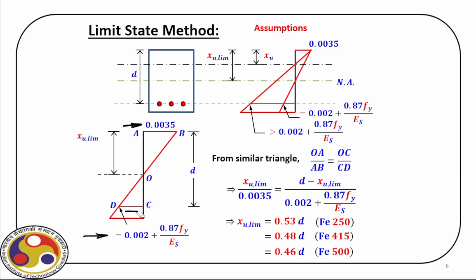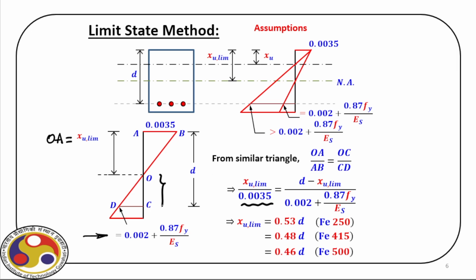So if we do that, on the left hand side we have OA, which is XU limit, divided by the value of strain at the extreme fiber, which is 0.0035.